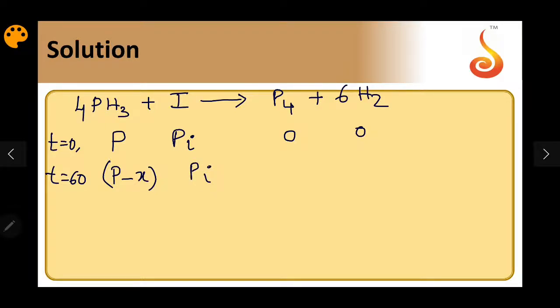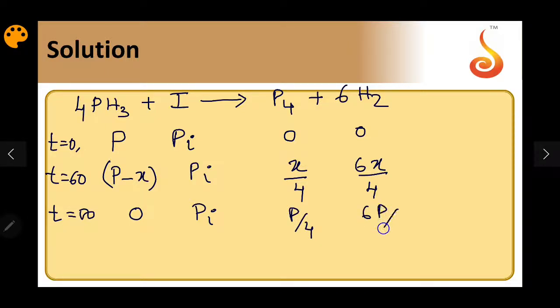This becomes 4 and 1, so x by 4, and this will be 6x by 4. And at t equals infinity, this becomes 0, this will remain Pi, this is P by 4, and this is 6P by 4. Now the data is given, according to that we have to go through.